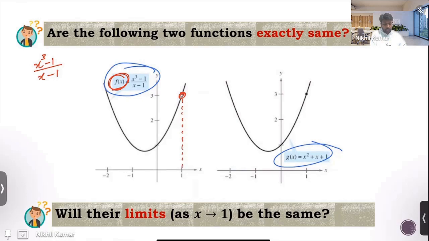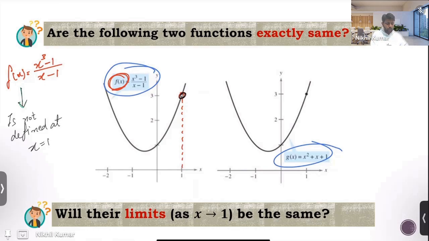Because this function f of x is not defined at x equal to 1. That's why you see a hollow circle there. This function is not defined at that point.